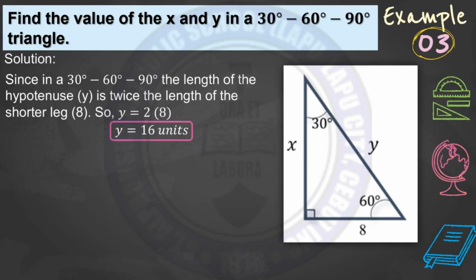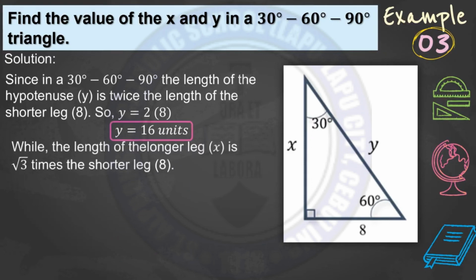Y equals 16 units. While the length of the longer leg x is square root of 3 times the shorter leg 8, so x equals 8 times square root of 3. So x is equal to 8 square root of 3 units.